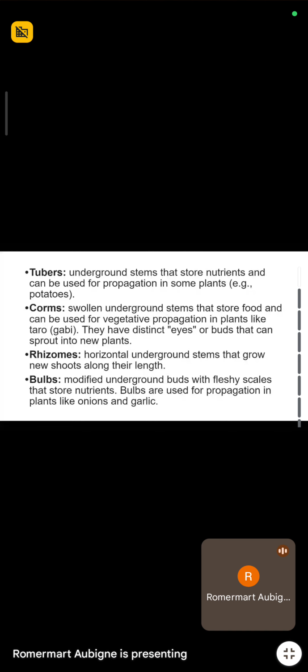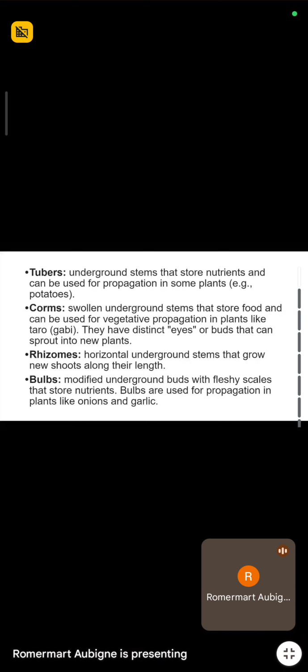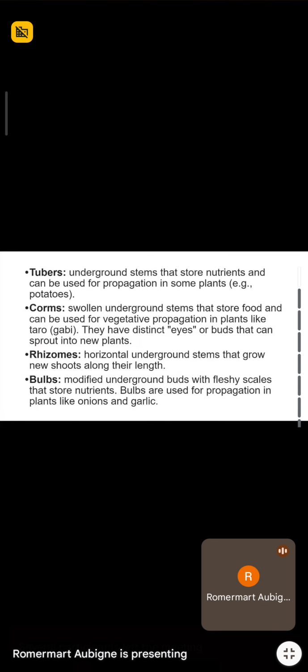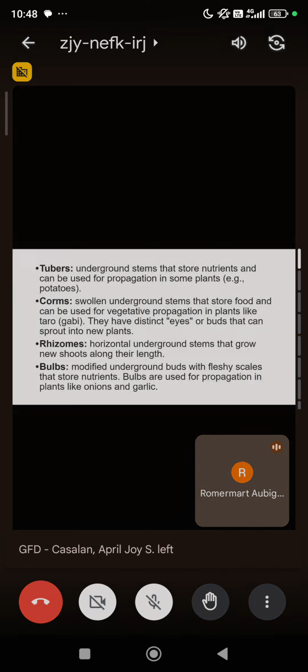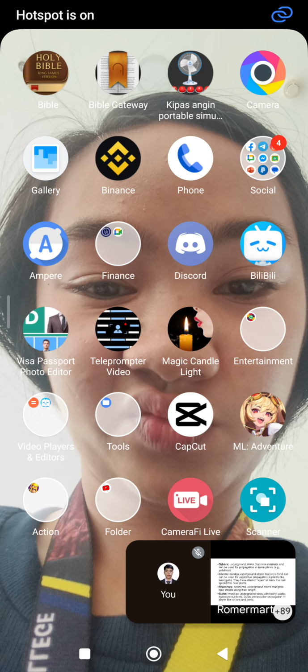Then, pag tinawag natin rhizomes, horizontal underground stems that grow new shoots along their length. Then, pag bulbs naman, modified underground buds with fleshy scales that store nutrients. Bulbs are used for propagation in plants like onion and garlic. For example po ng ating tubers, we have potato, sweet potato. Corms, we have the taro. Rhizomes, we have the ginger. Also bamboo. Diba? Then bulbs, we have the onion, garlic.